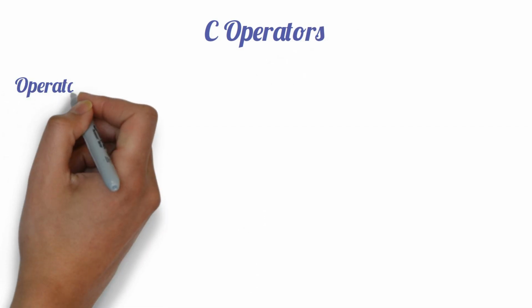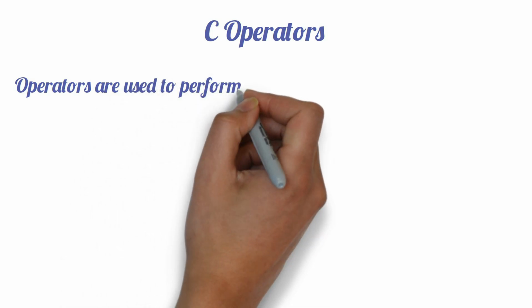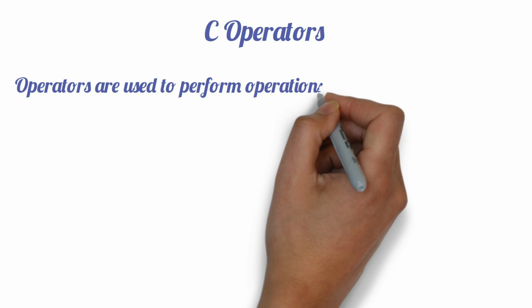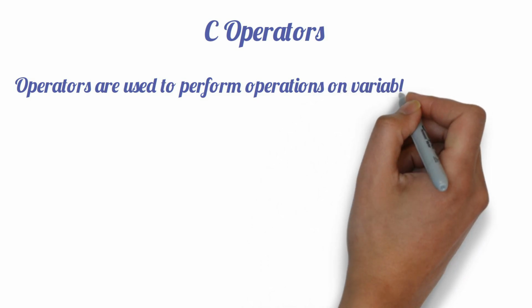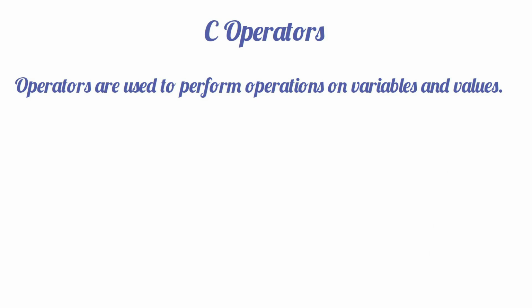Now, we are going to check a very important topic called operators. Operators are used to perform operations on variables and values. We will see one example where we are using the plus operator to add two values or two operands.